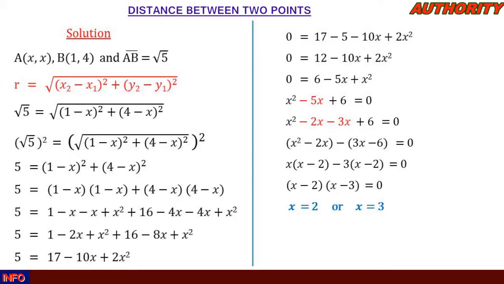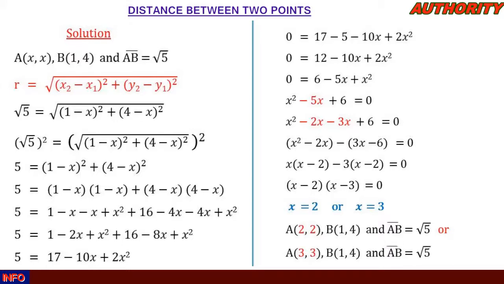Now, if you want to write it properly, you say that point A is either (2, 2) and point B is (1, 4), and the distance AB is square root of 5, or point A is (3, 3), point B is (1, 4), and the distance AB is equal to square root of 5.